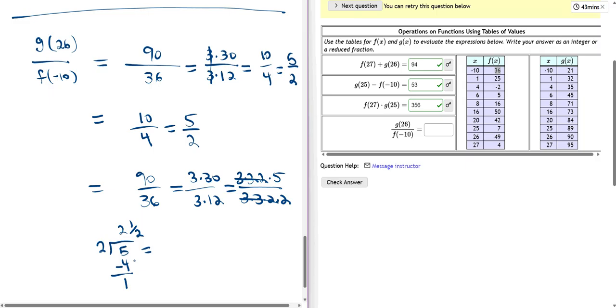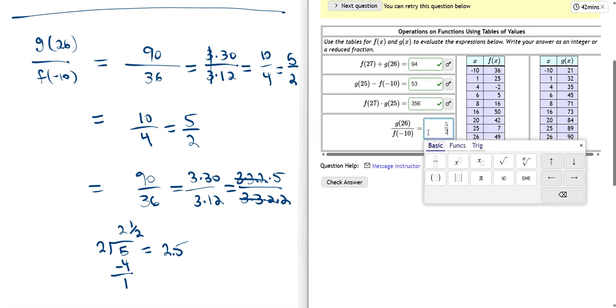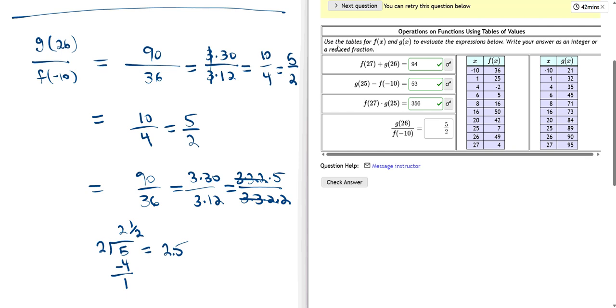And then 1 over 2 is 1/2, so 2.5, right? So I don't know which one it's going to be. It should be either 5 halves, which usually, oh, here we go. Write your answer as an integer or a reduced fraction. Okay, so yeah, we'll want to enter it as 5 halves then.